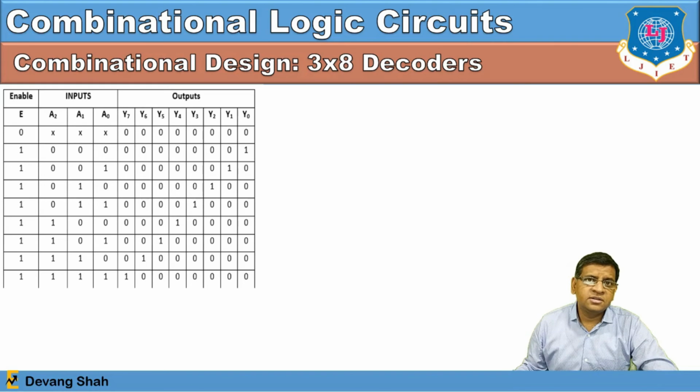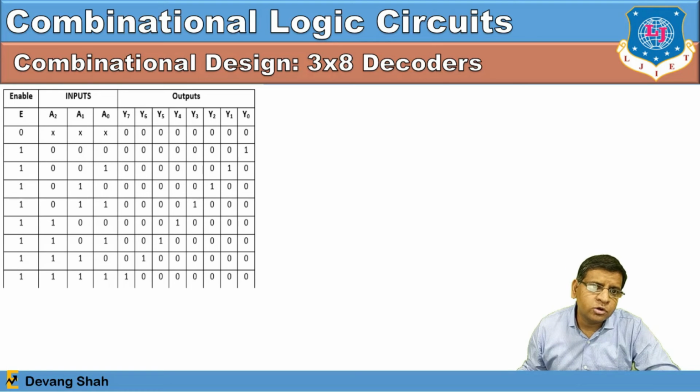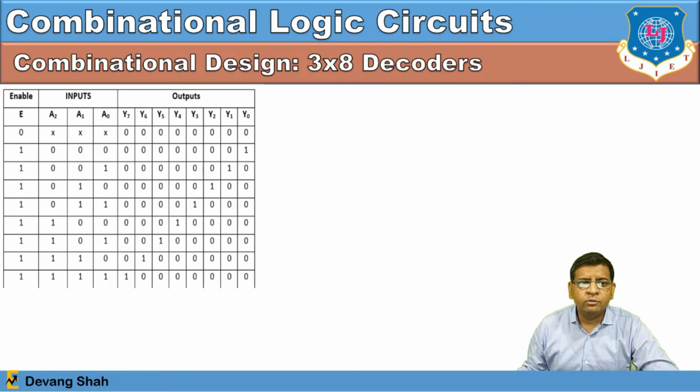This is the truth table, and forget about the enable pin right now. You have a sequence of A2, A1 and A0. The first is 0 0 0 when the enable pin is 1, and the corresponding output is all zeros except Y0, which is 1.